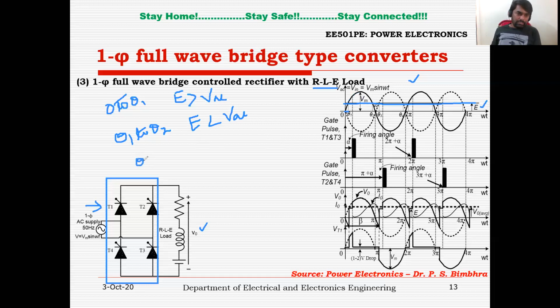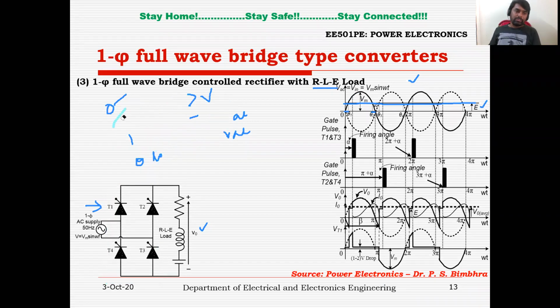Again, from theta 2 to pi, the battery voltage is more. So even if you trigger the thyristors T1 and T3 during this interval theta 2 to pi, they won't go to conduction state, they will be in off condition. So this is the criteria you need to see during the positive half cycle.